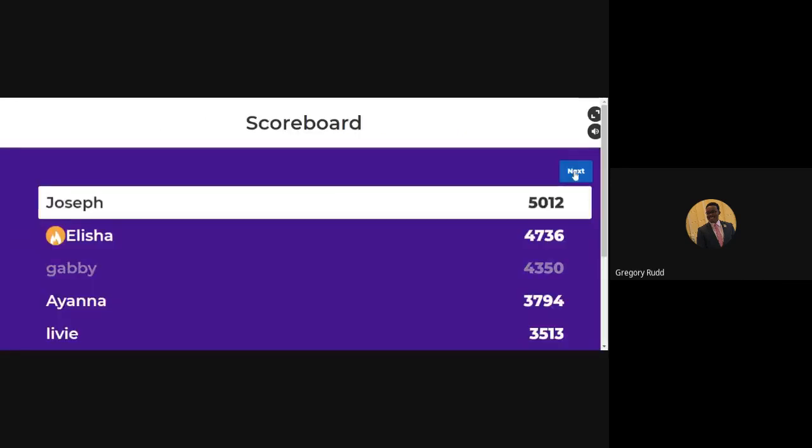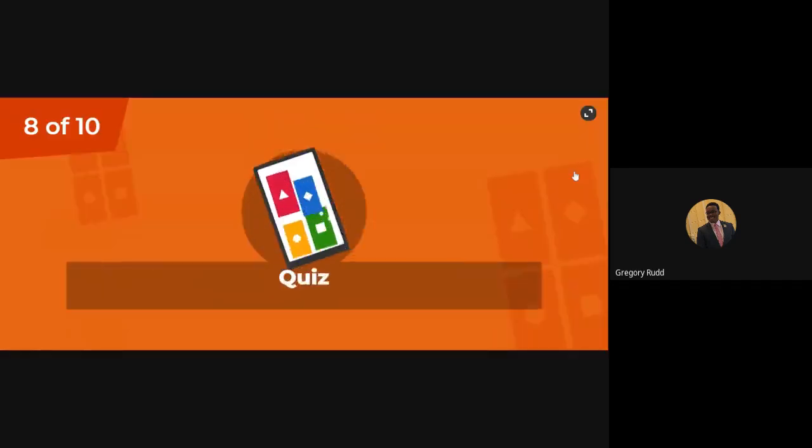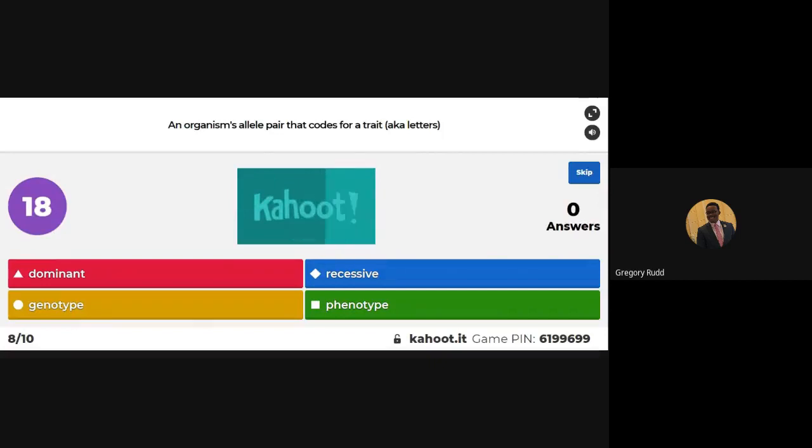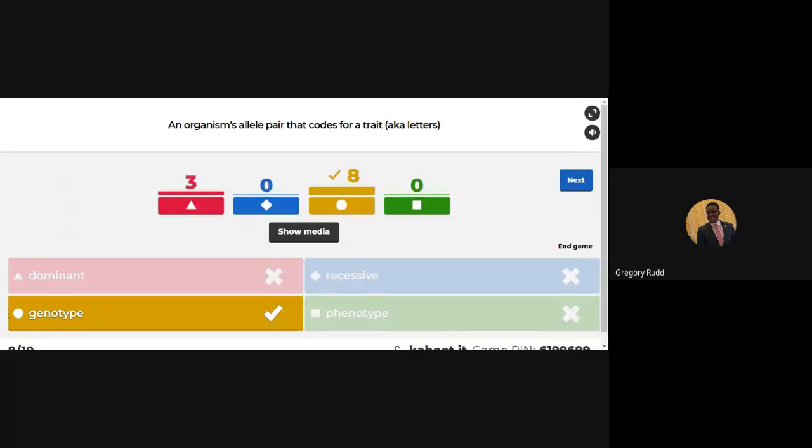Excellent. Omari with the jump into the top 5. An organism's allele pair that codes for a trait, aka the letters. Good. So this would be the genotype.